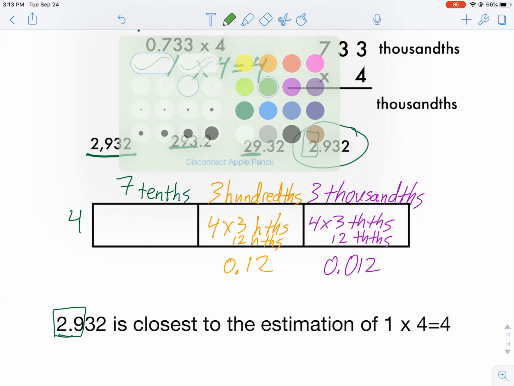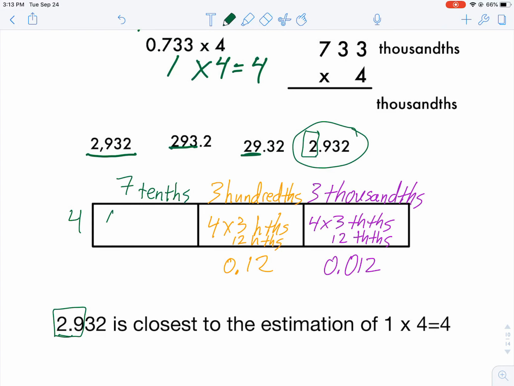And last we would have 4 times 7 tenths, which will give me 28 tenths, which would look, oops, sorry, 2.8. So just by doing this one right here, you would see that our 2 and 9/10 is the closest one. All right? You don't have to do that.